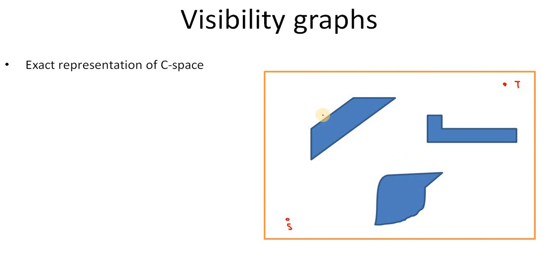It means that we will represent the C space as it is. We will not make any cells or nodes here. We shall not divide our C space into further blocks. We shall use it as it is.